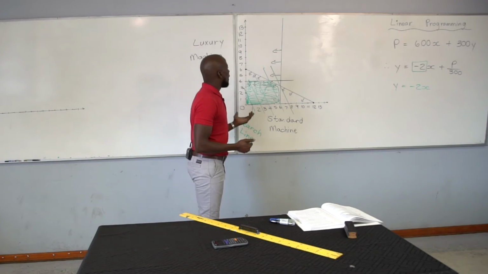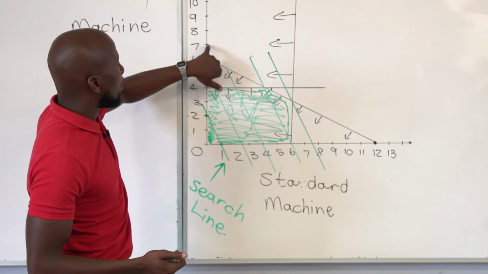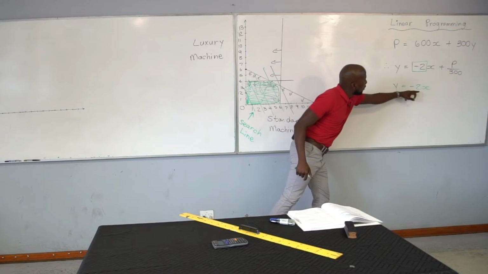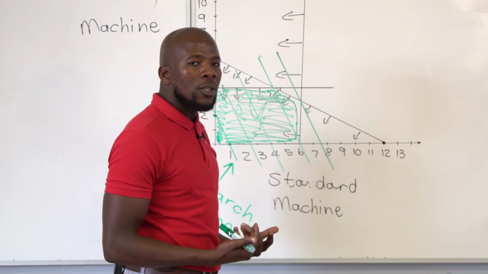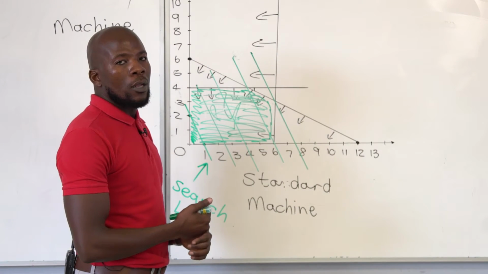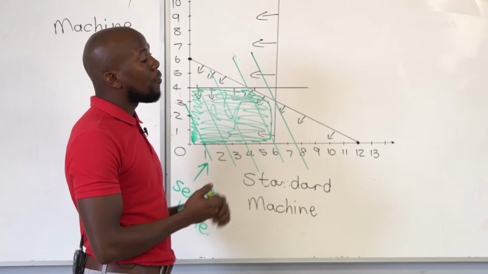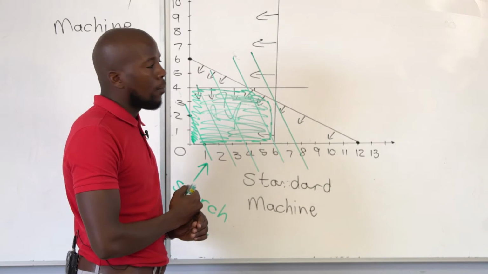Each line is a different line, of course, because it will have a different x-intercept and a y-intercept. But as long as the gradient is the same, that's all we're worried about at the moment. The gradient has to be the same. These lines have to each be parallel. Don't forget the knowledge that we've acquired before, that if the lines have the same gradient, then they are all parallel to one another. Okay.